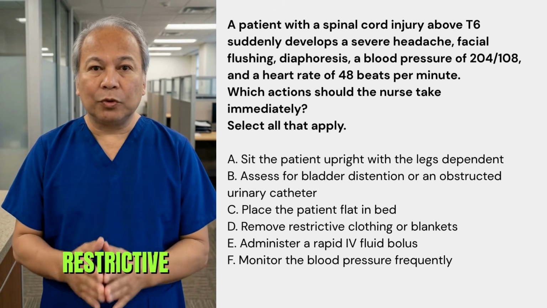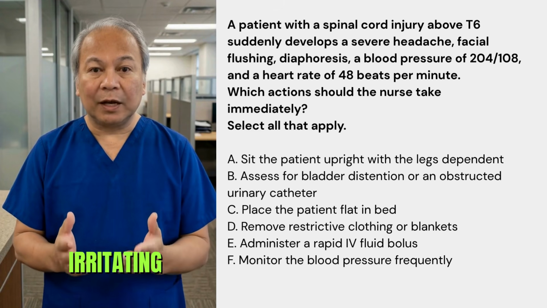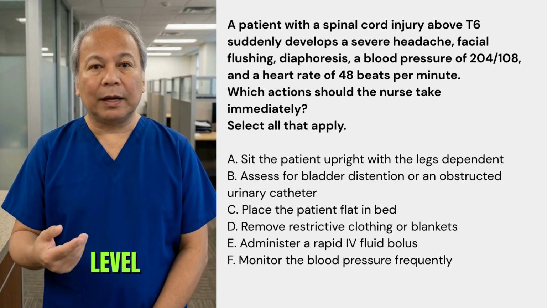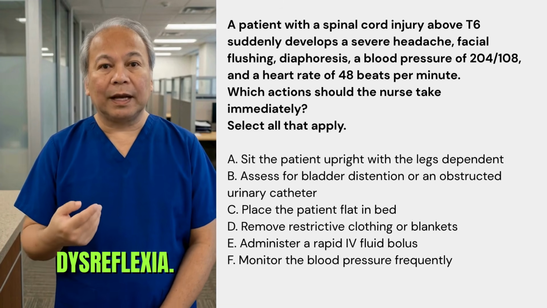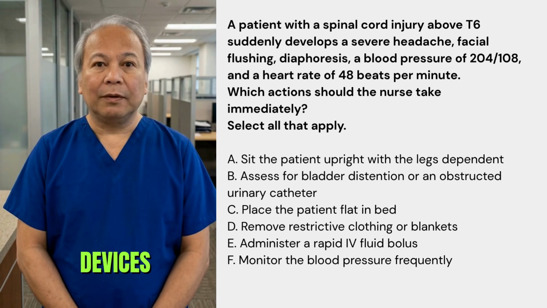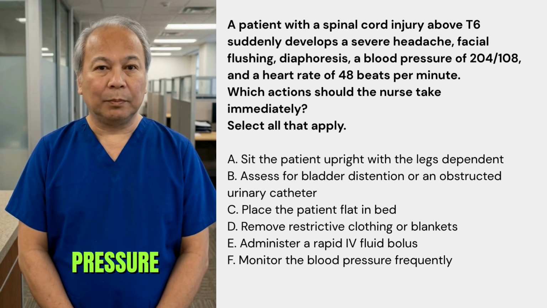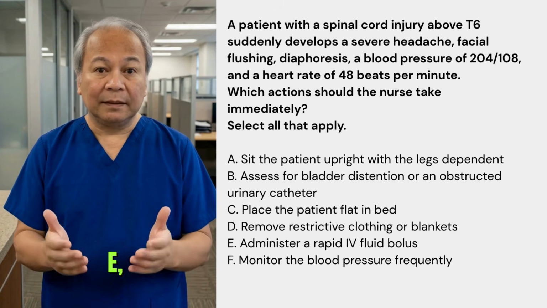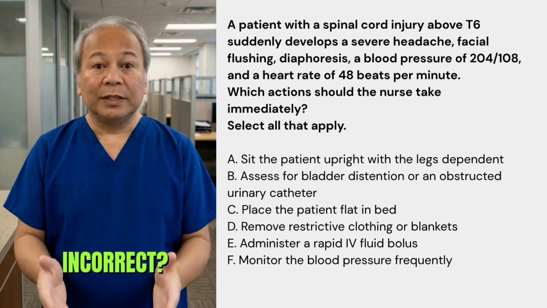D. Remove restrictive clothing or blankets. Correct. Anything causing irritating stimulation below the level of the spinal cord injury can trigger autonomic dysreflexia. Loosen clothing. Remove restrictive devices or blankets. Check for anything that could be causing pressure or discomfort. E. Administer a rapid intravenous fluid bolus.